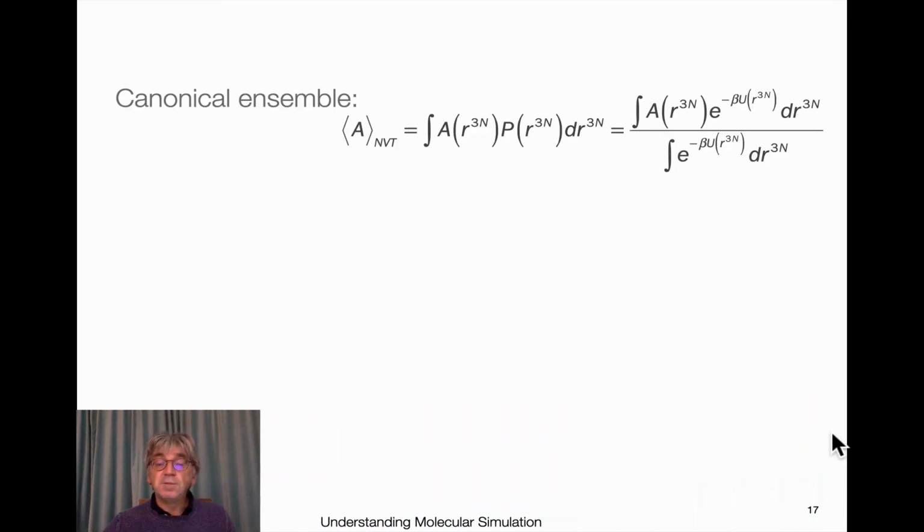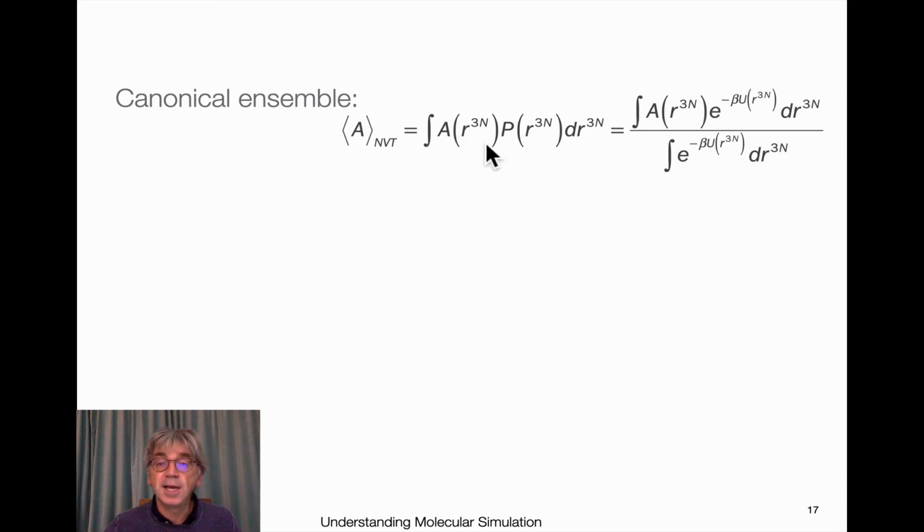So what is it we have for statistical thermodynamics if we calculate an ensemble average in a canonical ensemble? This is simple statistics: you integrate over all possible positions in our volume of the N particles, and you look at what is the probability of having that configuration in our ensemble, and with that weight you average the property A, say the energy of that configuration.